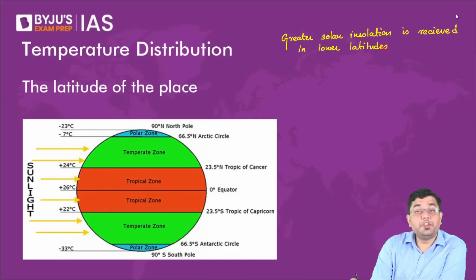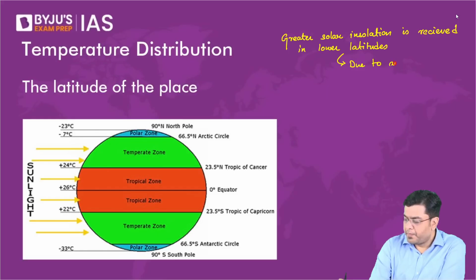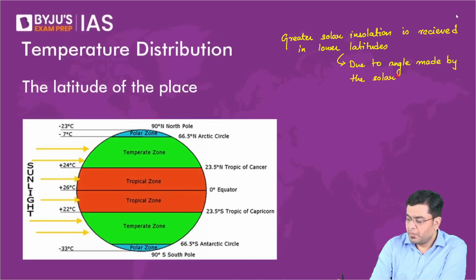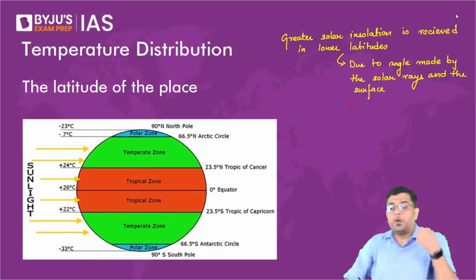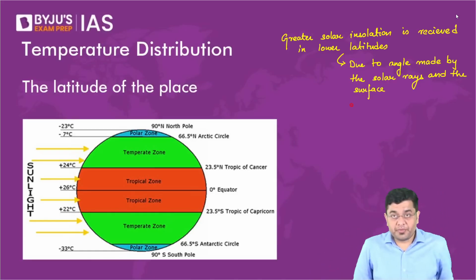Because of the angle made by the solar rays and the surface. If the angle made is higher, that is, if it is almost perpendicular, there will be a greater amount of heat received in the process.